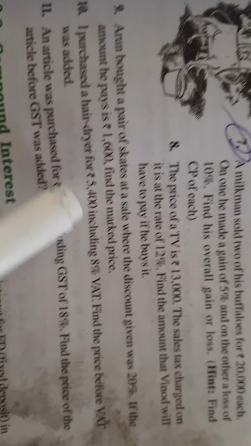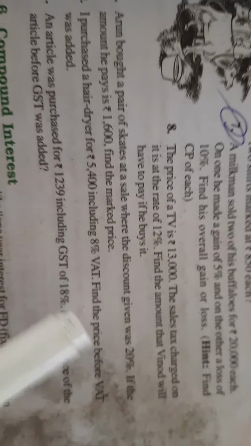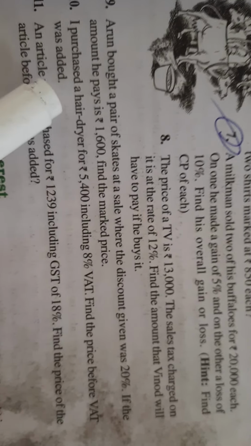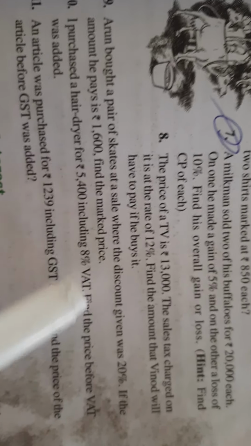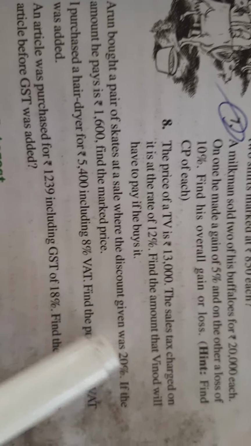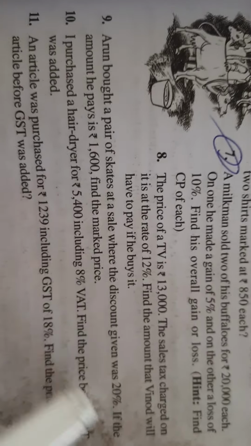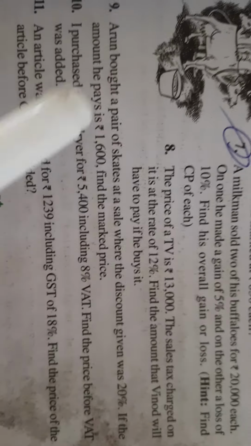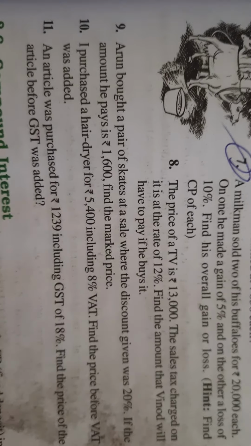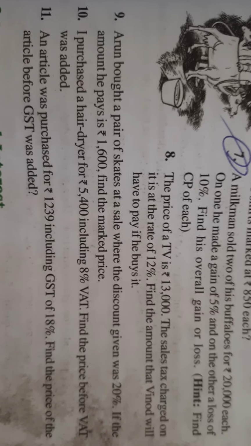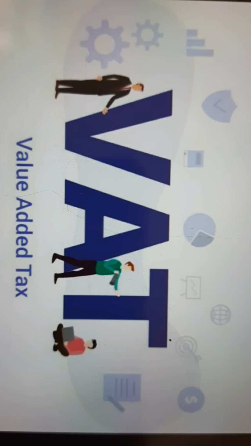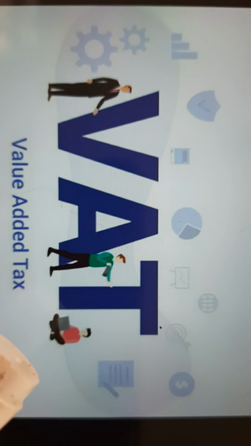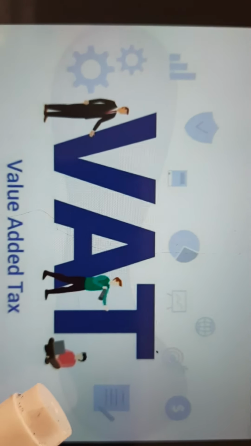टैक्स लगने के बाद की कॉस्ट है ये. Find the price before VAT was added. Means original price we have to find out. Before word is there means हमें original price जो मार्क की हुई प्राइस है हमारे हेयर ड्रायर पर, we need to find out that. So in this question, dear students, they are talking about value added tax, means VAT. This is another kind of tax.